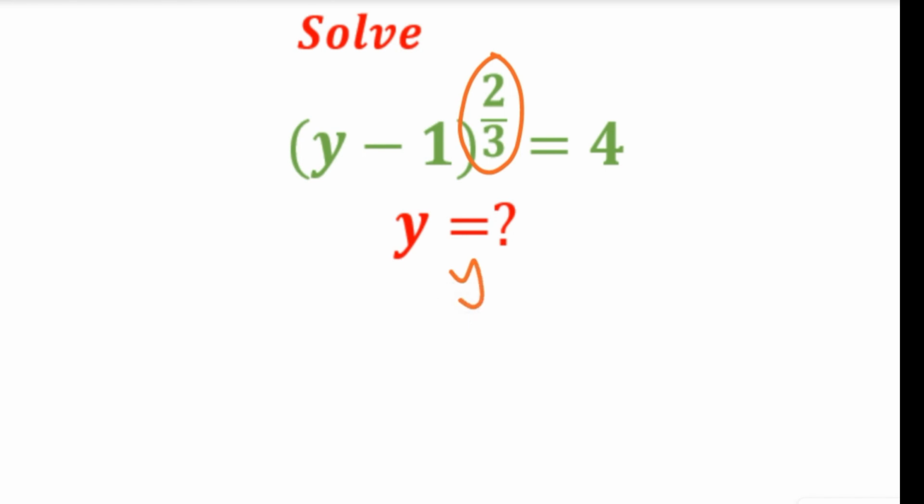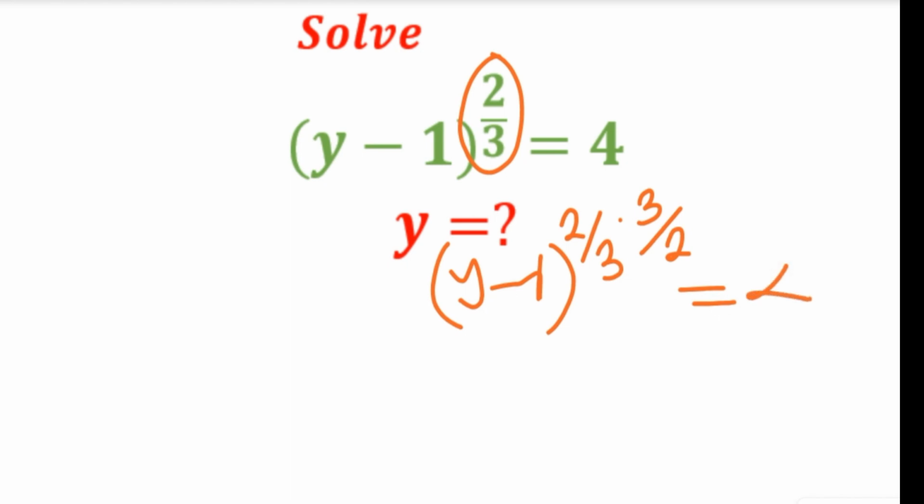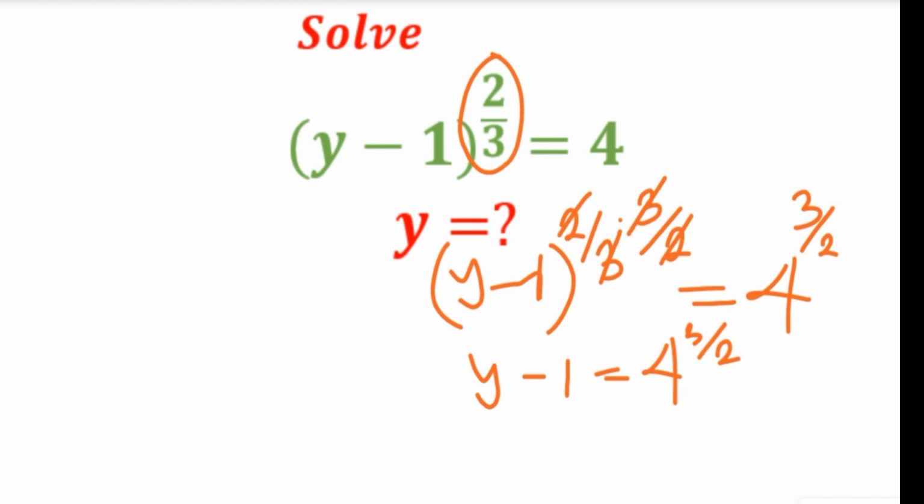So we'll have (y - 1) raised to the power 2/3, multiplied by the reciprocal of that exponent, which is 3/2, equal to 4 raised to the power 3/2. From this expression, this will cancel this and this will cancel this, so we'll be left with y - 1 equals 4 to the power of 3/2.